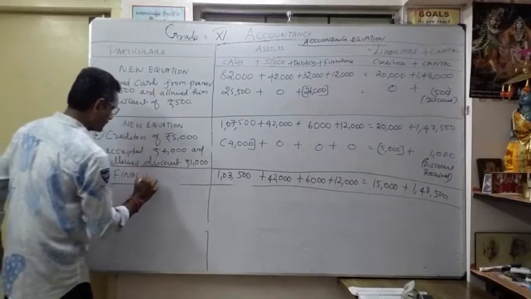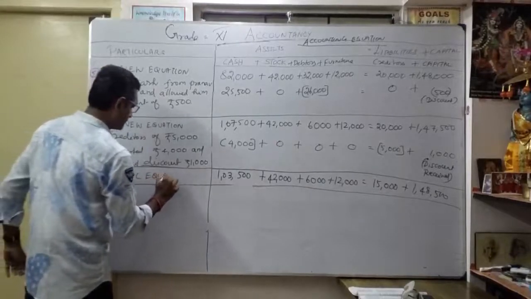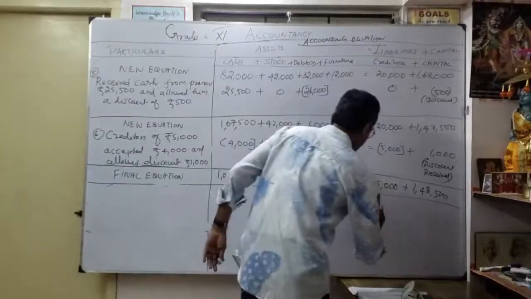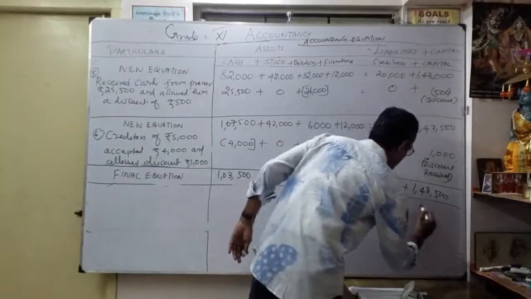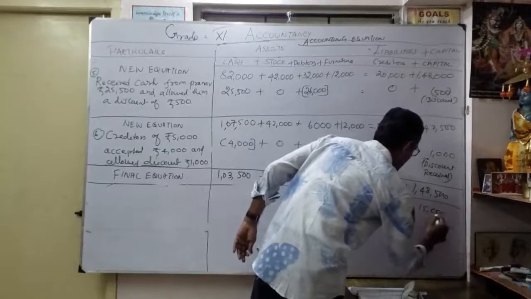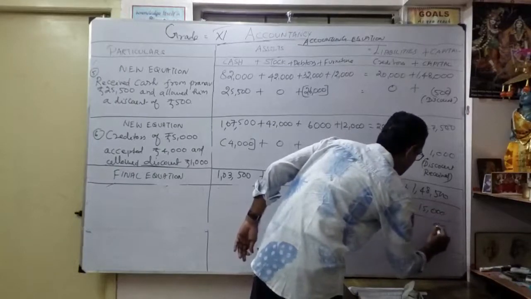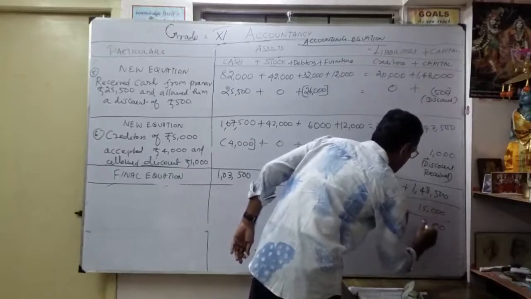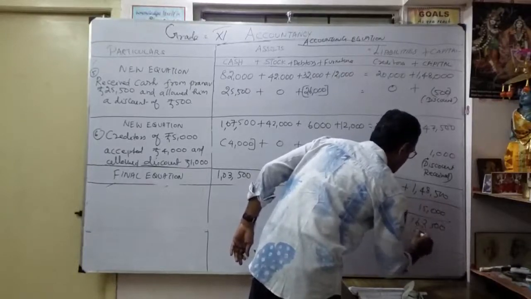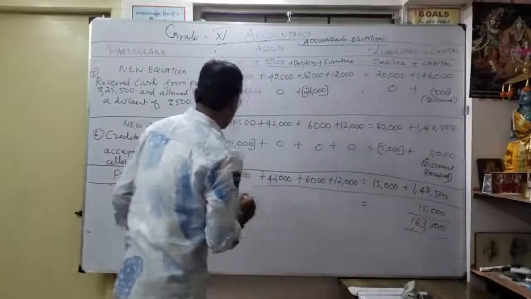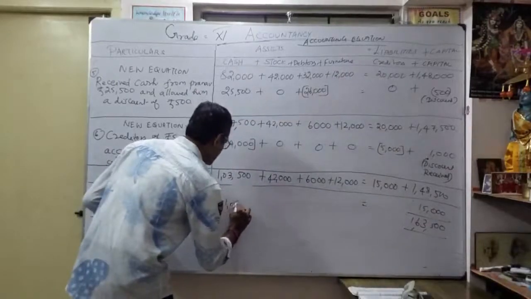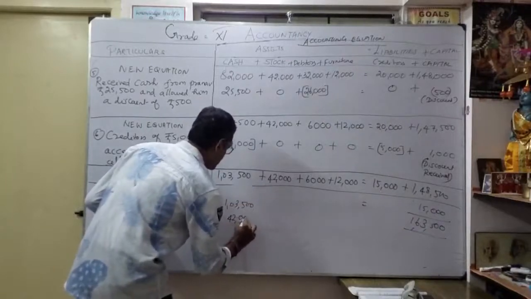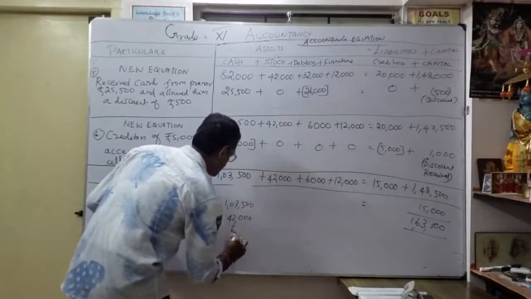Final equation. Okay. See now whether my work is correct or not. For example here, see 1,48,500 and 15,000. What is my total? 0, 0, 5. 8 plus 5 is 13, 1, 5, 6. So 1,63,500. Here also I want to verify. 1,03,500, my 42,000, my 6,000.